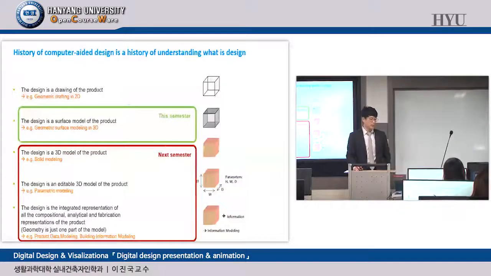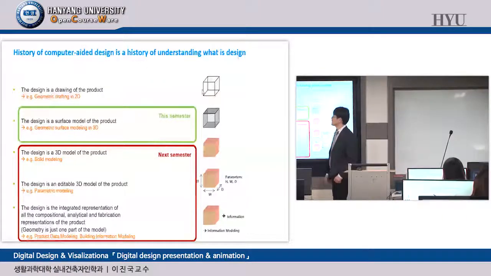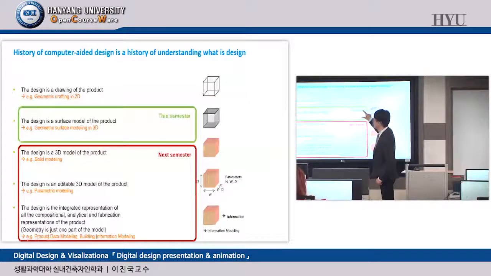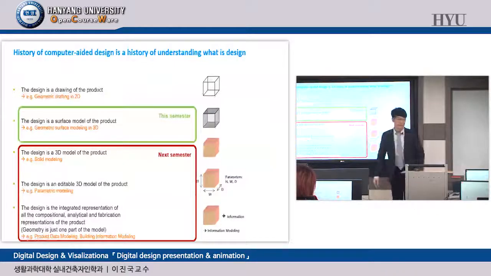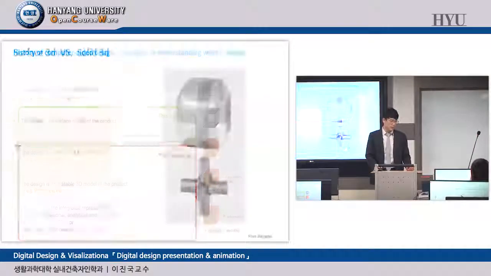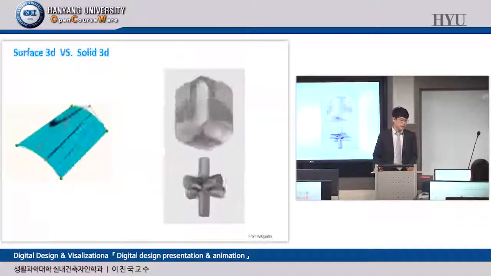So we need to differentiate the difference between surface-based 3D, conventional 3D, and the new way of 3D, building information modeling, okay?